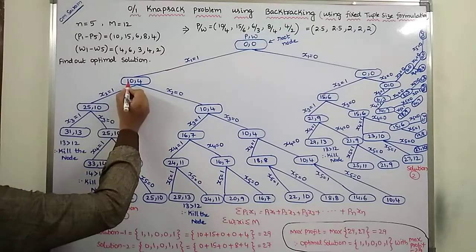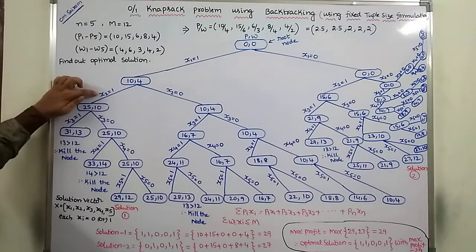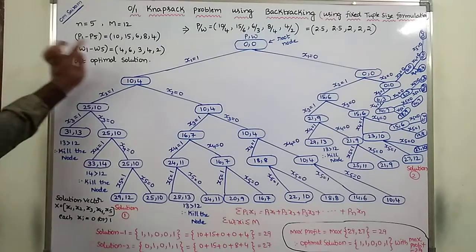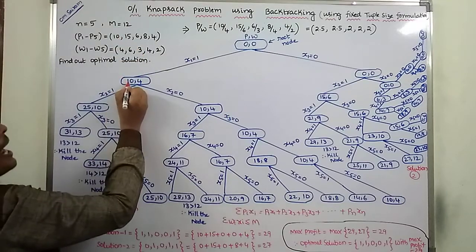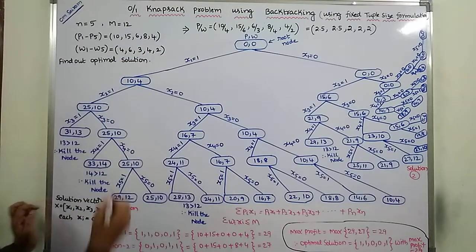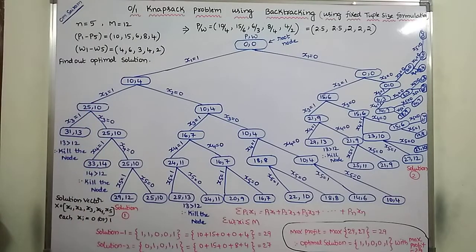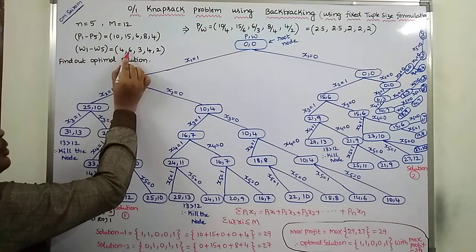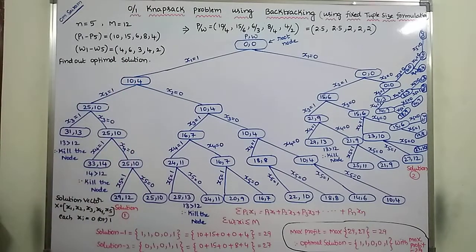Okay. Now we go to consider the second object, that is x2 is equal to 1. The second object's profit is 15, and this 15 is added to 10. So 10 plus 15 is 25. Next, the second object's weight is 6, so 4 plus 6 is 10.